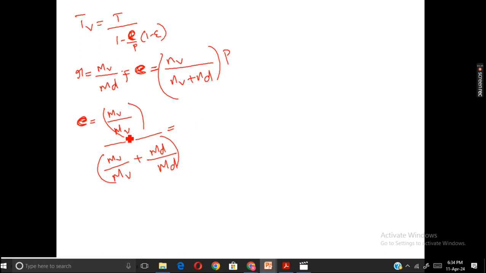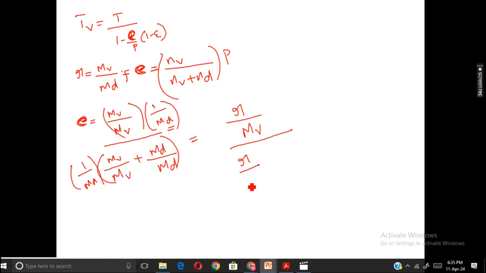So from this, if we multiply 1 by md, both numerator and denominator, small md, which is the mass of dry air, multiplying 1 by md, both numerator and denominator, mv by md can be written as R, and mv by md can be written as R divided by capital MV plus md by md, which is 1 by m.